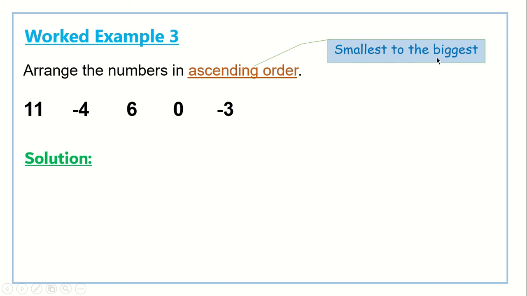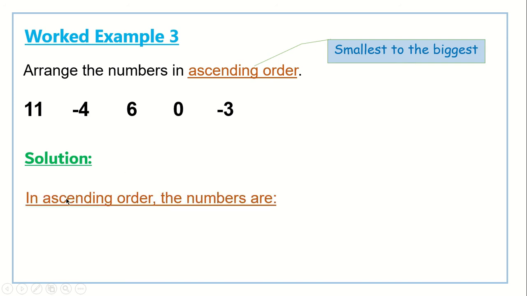So, we will arrange these integers from the smallest to the biggest. So, according to this, we see that the smallest is -4, next -3, next 0, next 6, and 11 is the biggest.